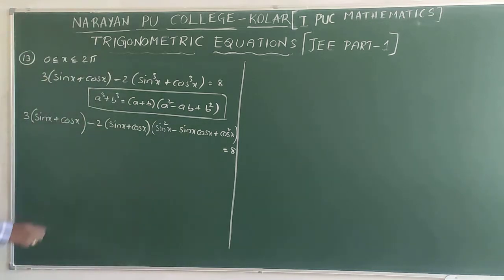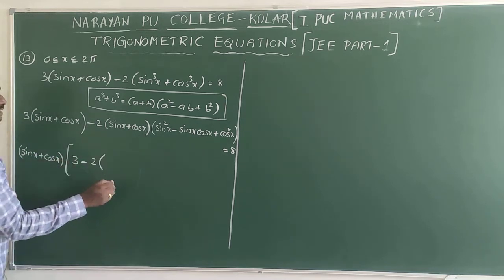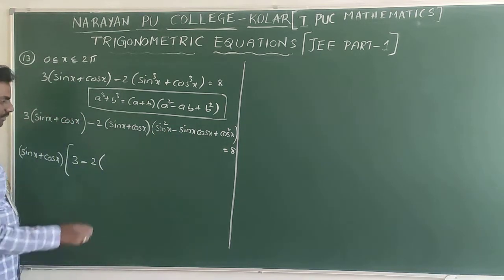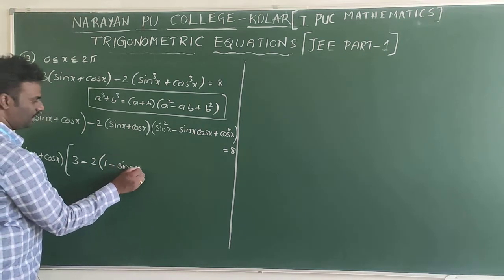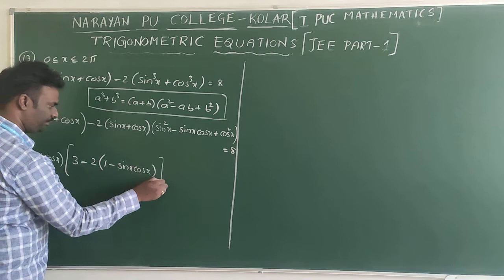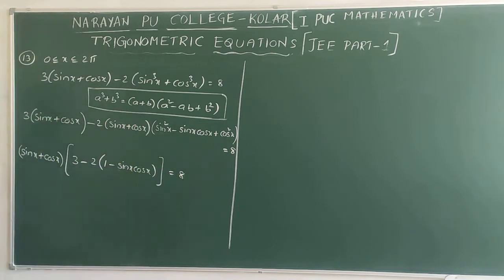Now here I will take sin x plus cos x common. (sin x plus cos x)(3 minus 2(1 minus sin x cos x)) is equal to 8.